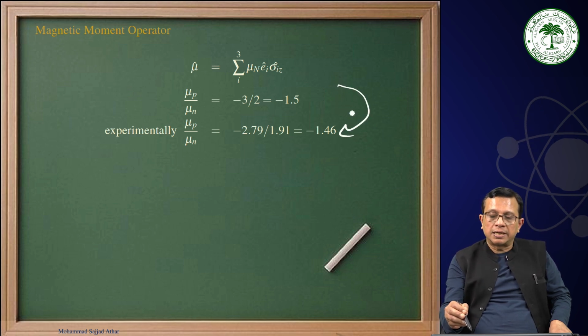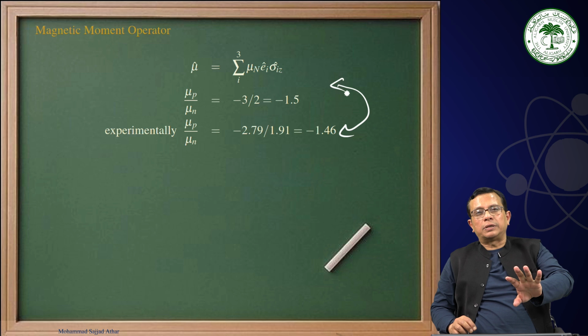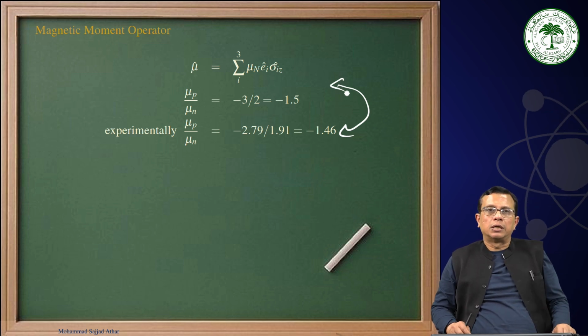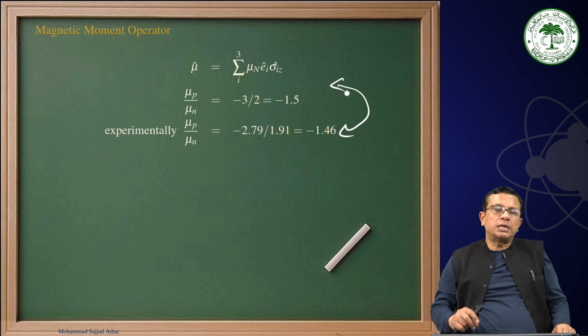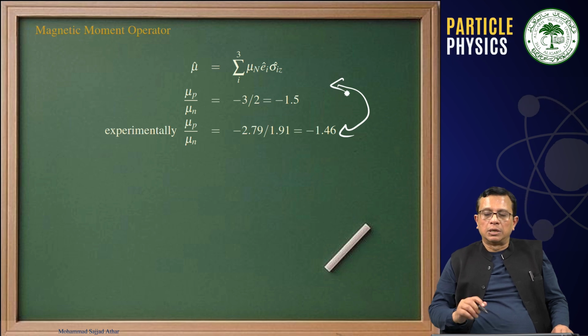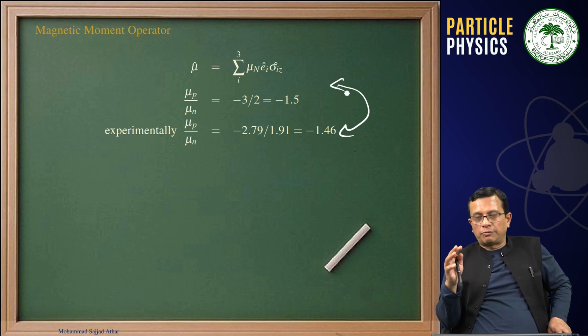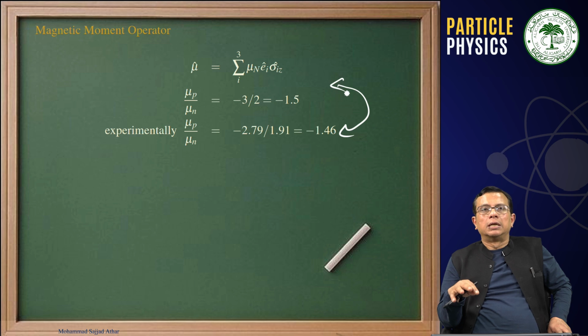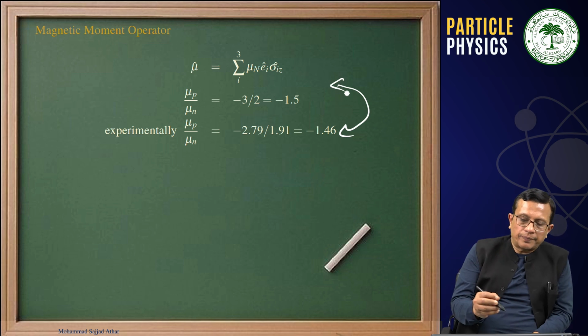You can see that the ratio of the magnetic moment of the proton to the neutron using the quark model turns out to be very close to the experimentally measured value. And that is why we believe in the quark model, that the quark model gives us the correct result.